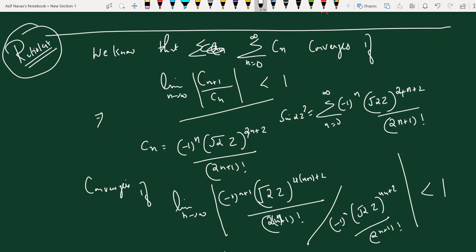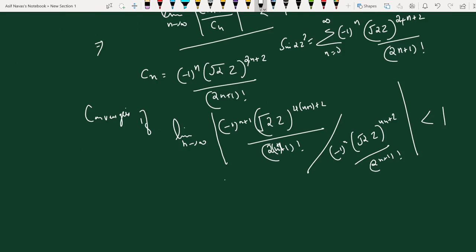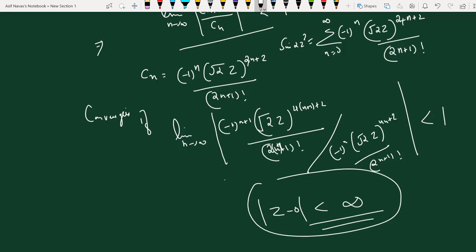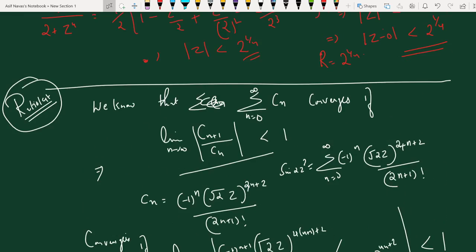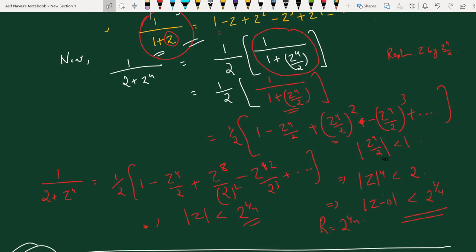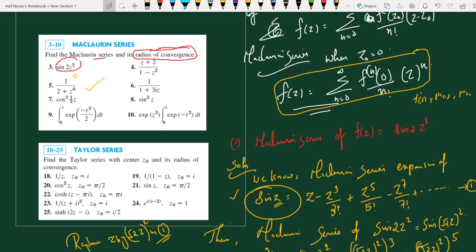By simplifying this, you will get mod z minus 0 less than infinity. So here the radius of convergence is infinity. I am not doing this simplification. If you find this limit and apply this, then you will get it. So it's not very important for your examination, but very important for competitive examinations.